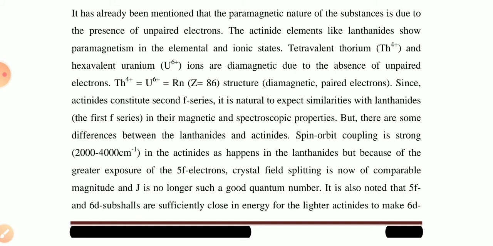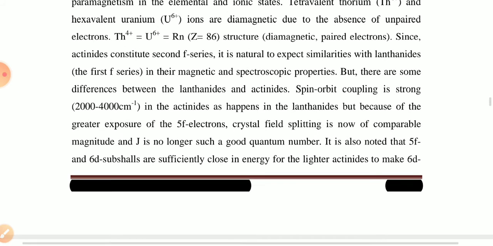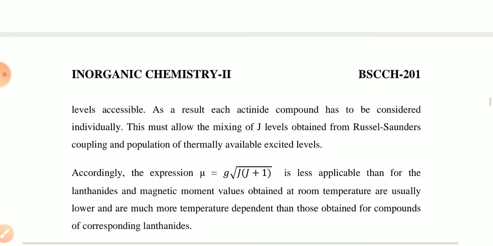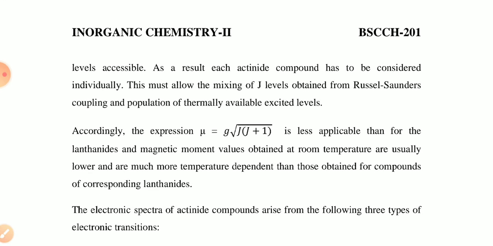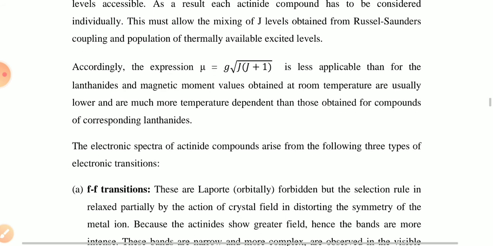The actinides also show crystal field splitting, which can be calculated by its magnitude, and J is known as a good quantum number. The 5f and 6d subshells are sufficiently close in energy for the lighter actinides to affect the magnetic moment, which you can calculate from this formula.